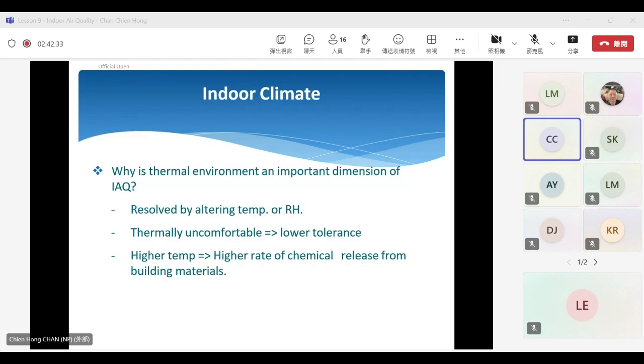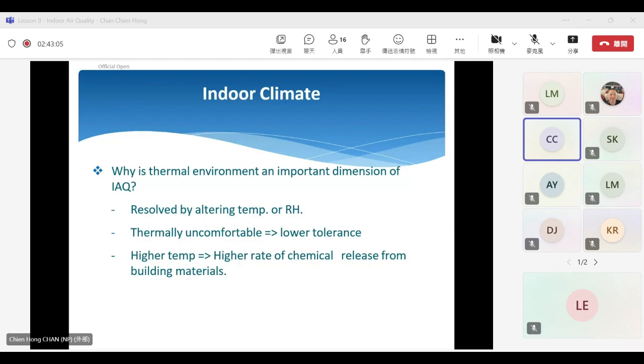Because if the relative humidity of a space is high, right, or the moisture content in your building is high, the tendency to experience condensation at the surfaces, the chances will also become higher.